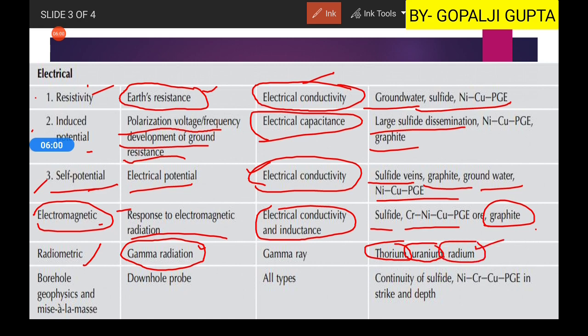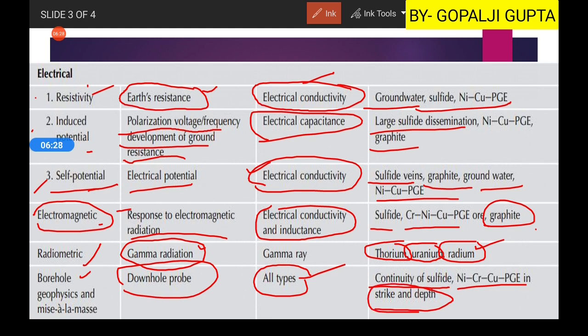Another important method is the borehole method. Here we use downhole probes, and all types of rock properties can be identified as we get the original rock sample. We use it for the identification of continuity of sulfides, nickel, chromium, copper, PGE in strike and depth.